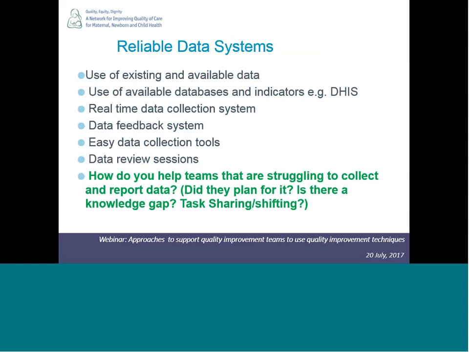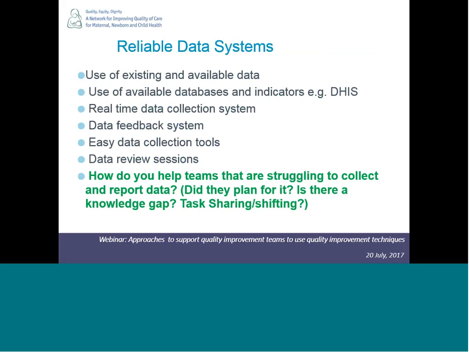The other key approach to support QI teams is just making sure that we do have reliable data systems. They don't need to be things that are out of context for them. These are just existing data.